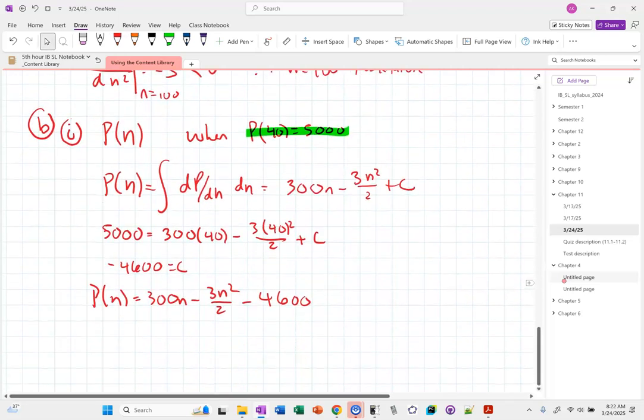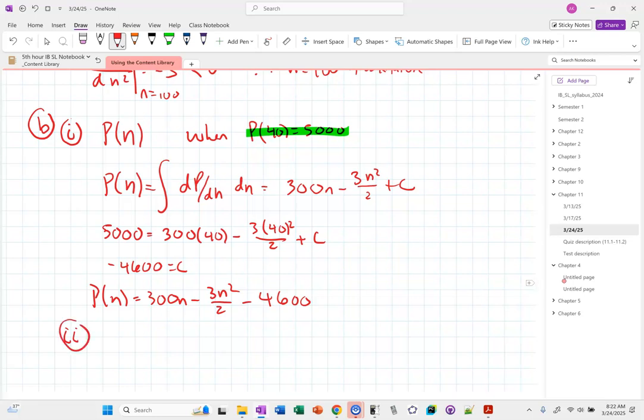Feel okay there? Part I says to calculate the profit from selling 80 chairs.